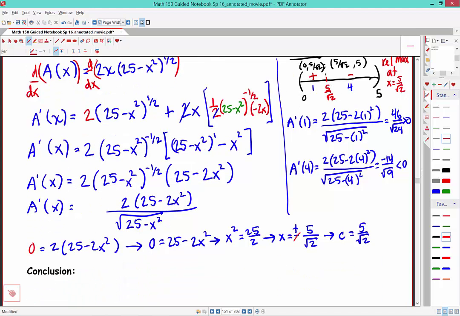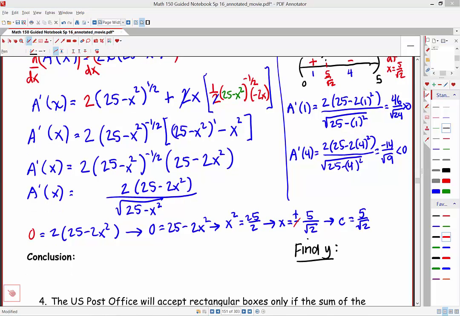So now we just need to find y. So remember that. So finding y, y was equal to the square root of 25 minus x squared.